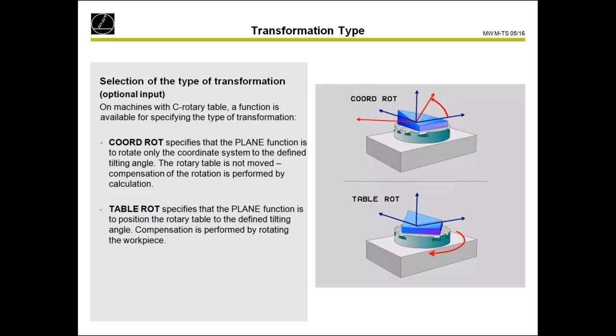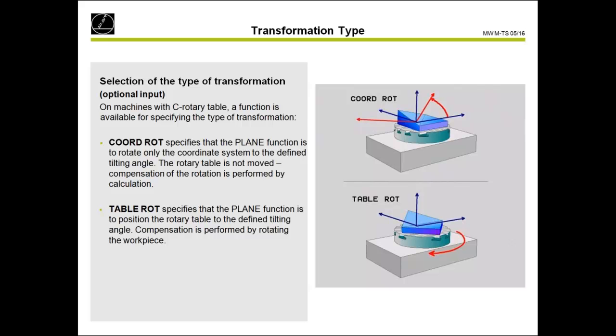And the second value that you can program is the coordinate rotation or table rotation. This is only when you program an SPC angle. So SPA and SPB 0, nothing inside. When you program only SPC, then the control has two options. The first is coordinate rotation. Coordinate rotation says the rotary axis will not do a movement, but the coordinate system will be moved.